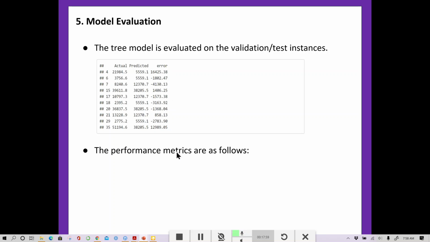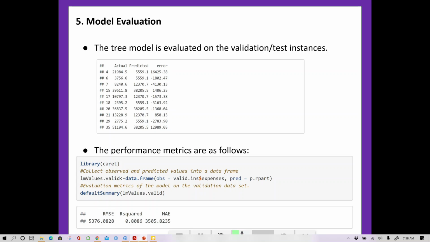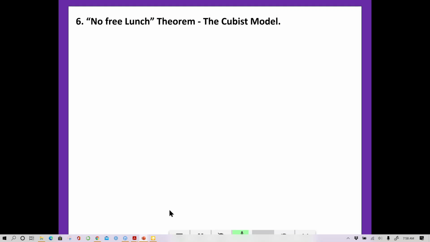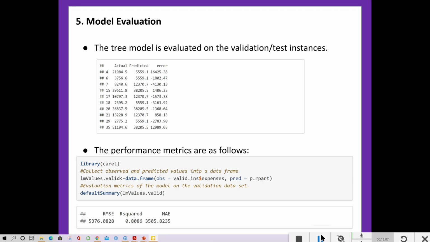And the performance metrics of this model: the RMSE for the single regression tree was $5,376.9, and the mean absolute error was $3,505.82, with R square of approximately 80.86%.